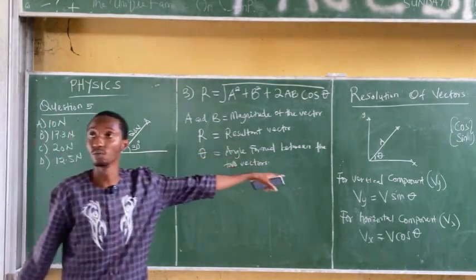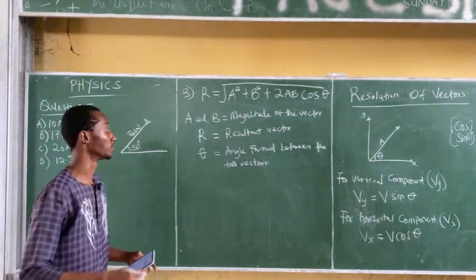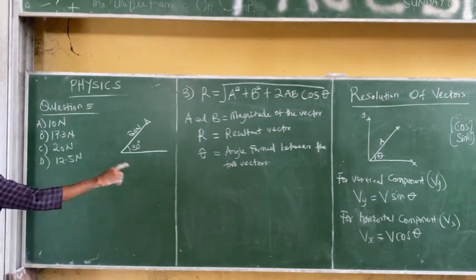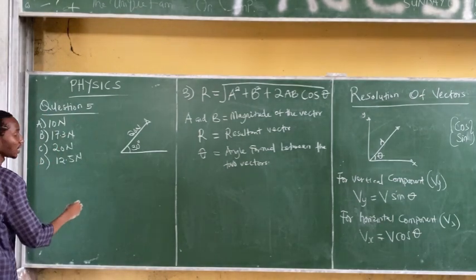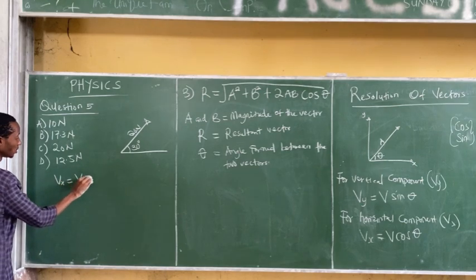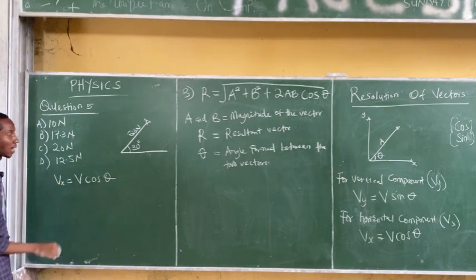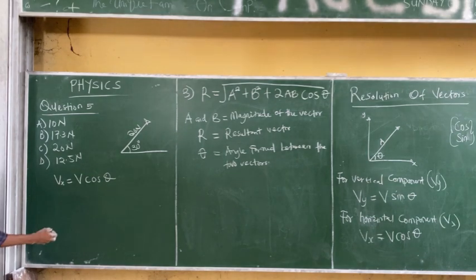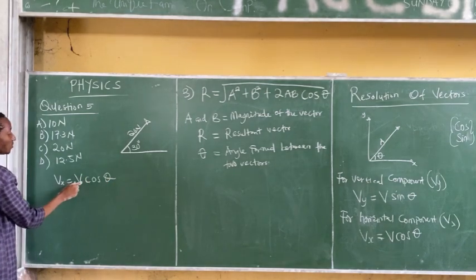From our resolution of vectors, the horizontal component is given as Vx is equal to V cos theta, where V is the vector.